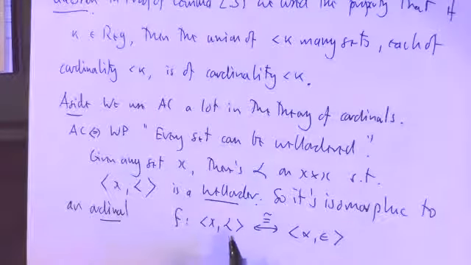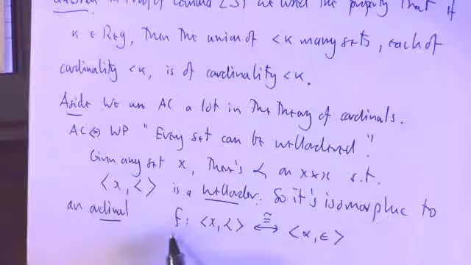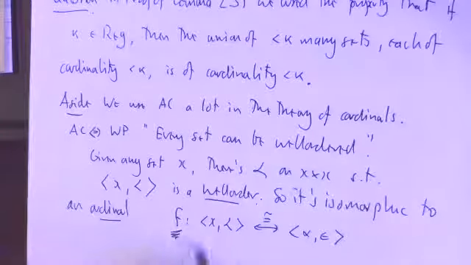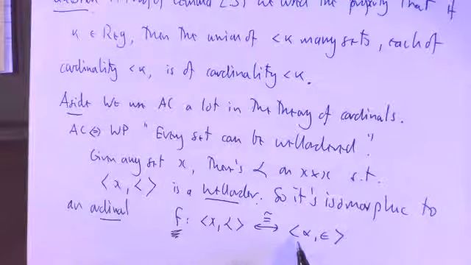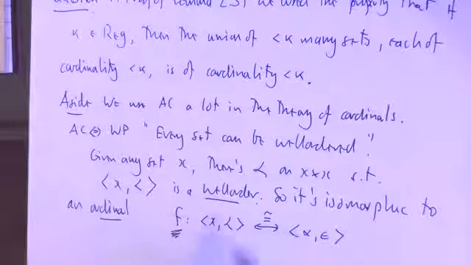So for cardinality concerns, we're not too bothered about this well ordering, but we're bothered that there is such an F. This allows us to say that X is bijective with an ordinal. Without AC or WP, we would not be able to say that there is such a bijection even between X and an ordinal.